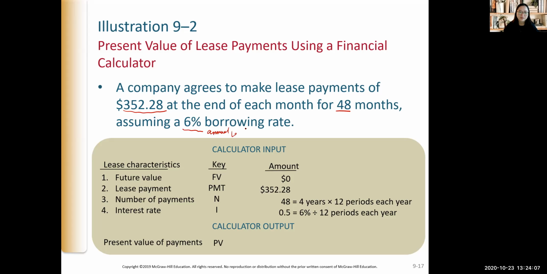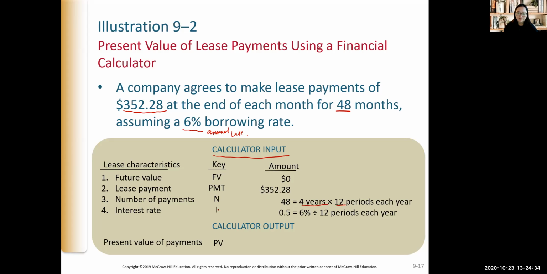Okay, so if you use a calculator, you want to input the future value of 0 and the lease payment, using the PMT key, the payment key, for $358.28. The number of payments is N in that calculator. You put 48 in there because it's a 4-year lease with 12 months each.